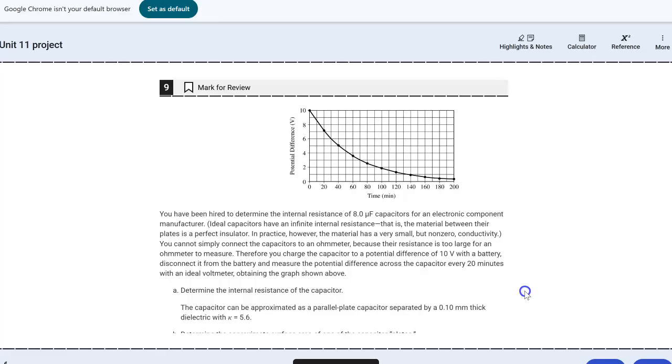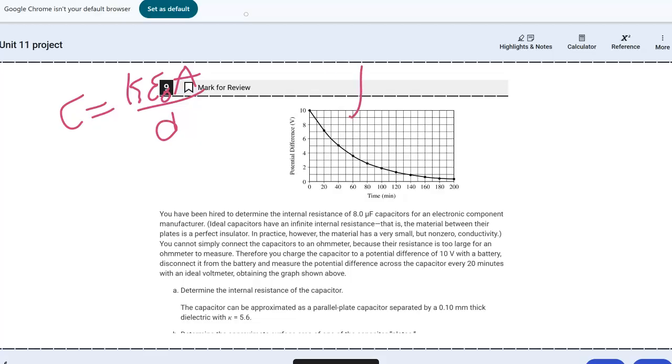Okay, so what we're gonna need to know, physics facts: C equals dielectric constant over D. Then capacitor discharge: a charged capacitor, when it disconnects, it's gonna discharge.